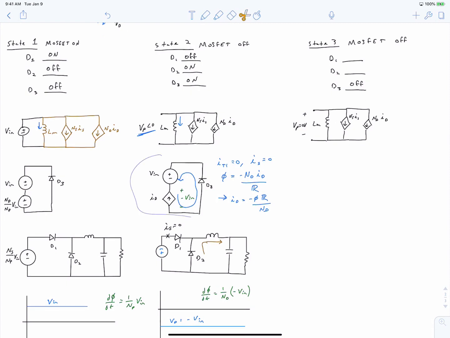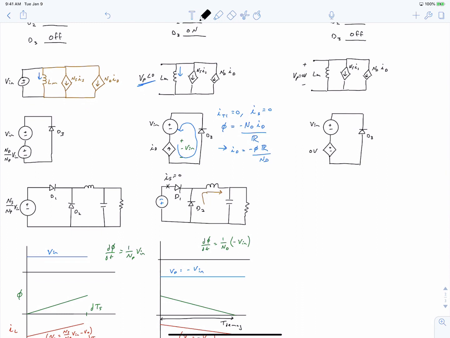In our demagnetizing circuit, we have an equivalently boring situation, because again our core is completely demagnetized, so there's no current and no voltage appearing across the terminals of the transformer coil. And finally, in our output stage, it looks just like a normal buck converter would look, because again our transformer core is demagnetized, so there are no physics taking place with the core.